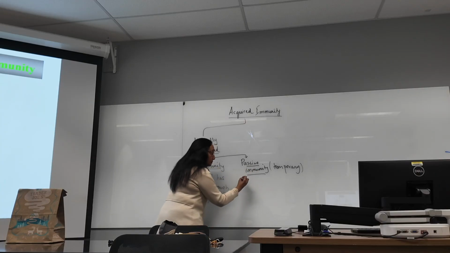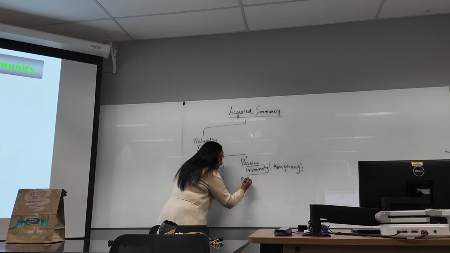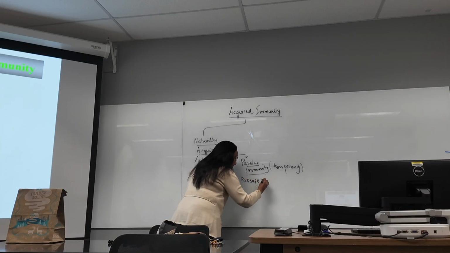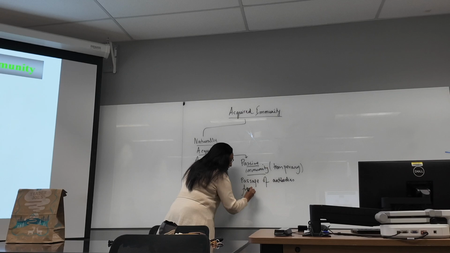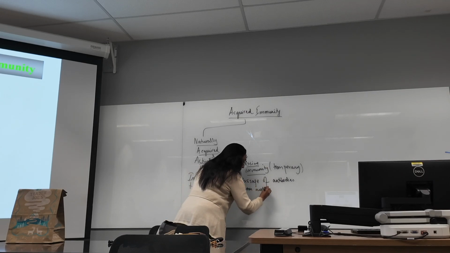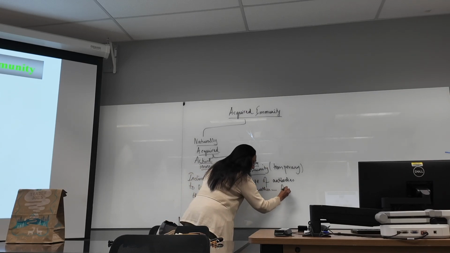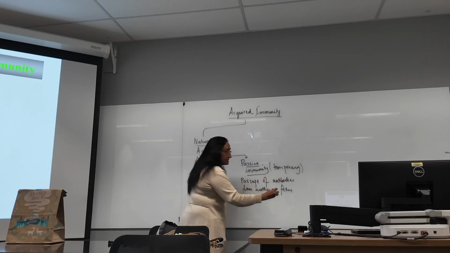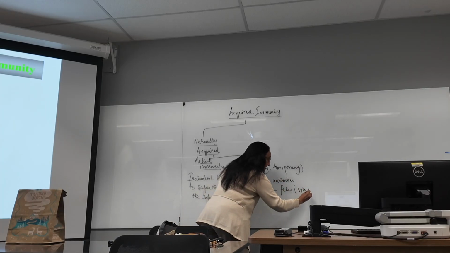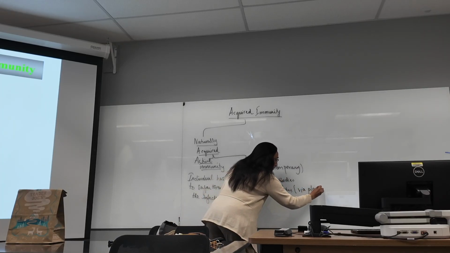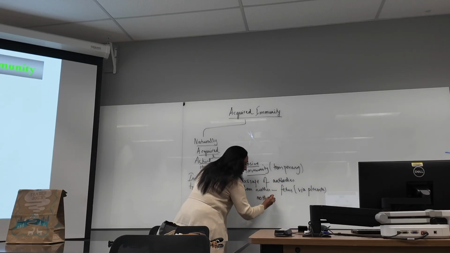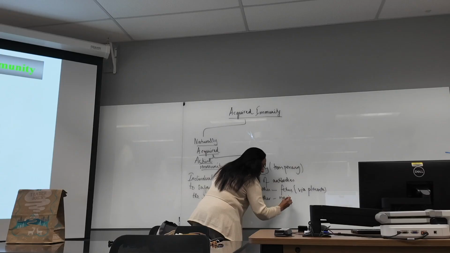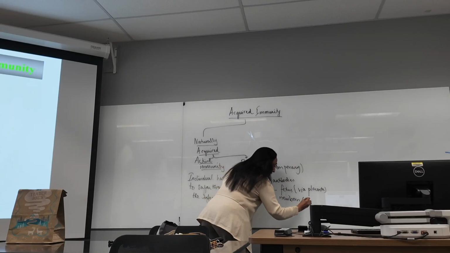So passive immunity is passage of antibodies. Antibodies from mother to fetus through the placenta, or from mother to newborn through breast milk.